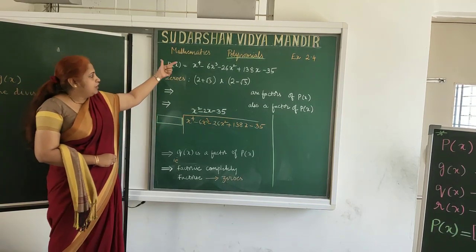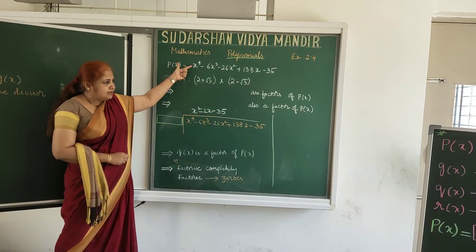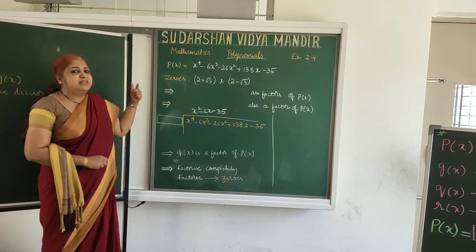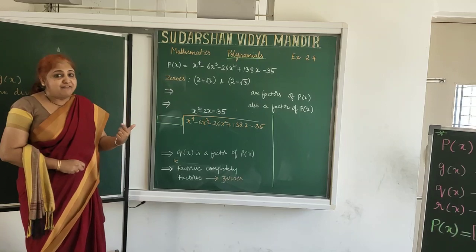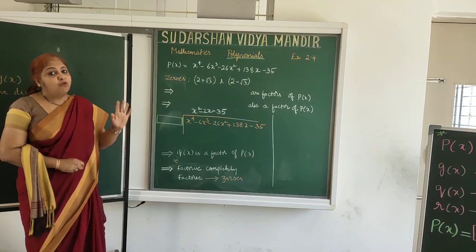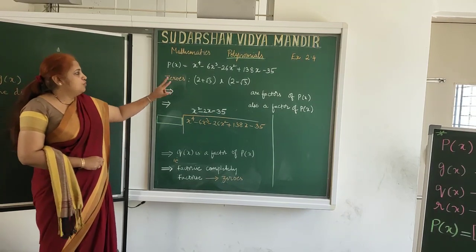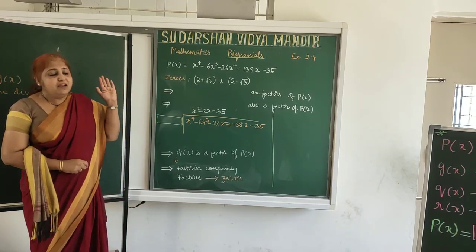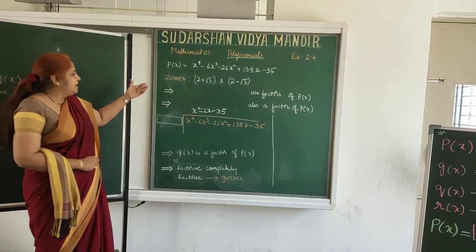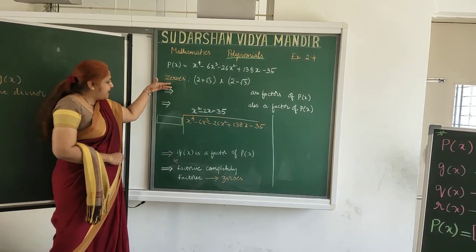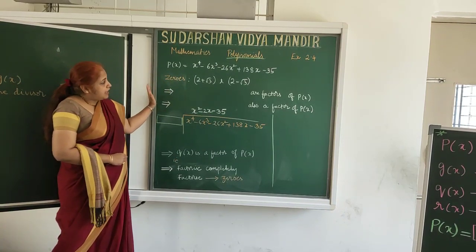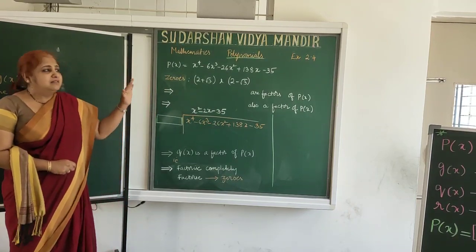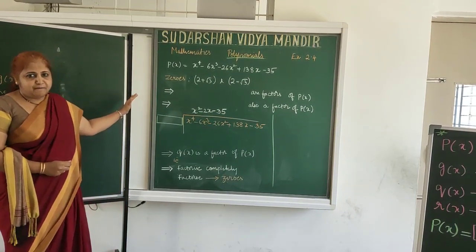The order of the polynomial is 4. The total number of zeros that this polynomial can have is also 4. Out of 4, 2 are given to us. 2 more zeros are required to be found out. Let us go systematically step by step and obtain the two other zeros of this polynomial.